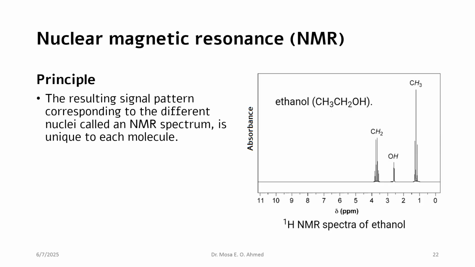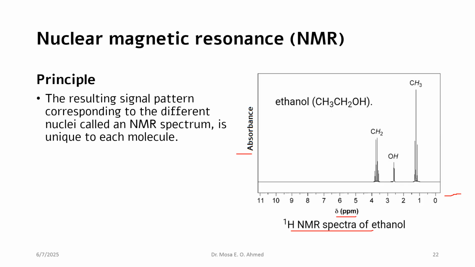In an NMR spectrum, for example, the HNMR for ethanol, we find on the x-axis the chemical shift, which is reported as delta or parts per million, and on the y-axis we find absorbance.